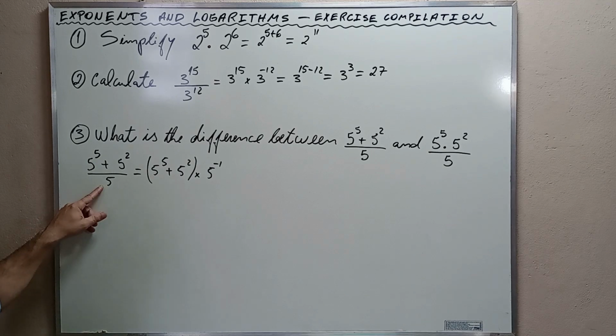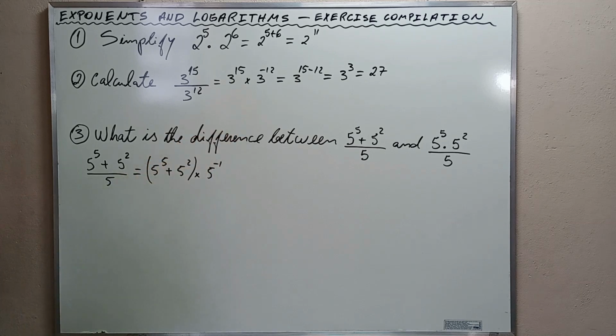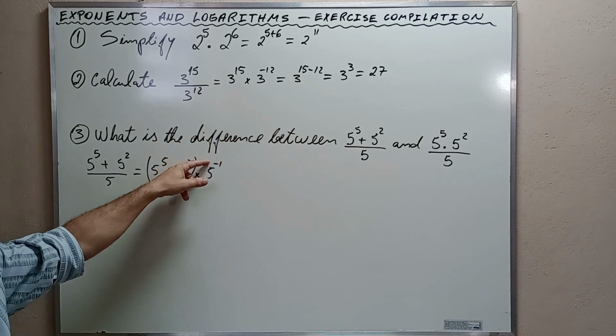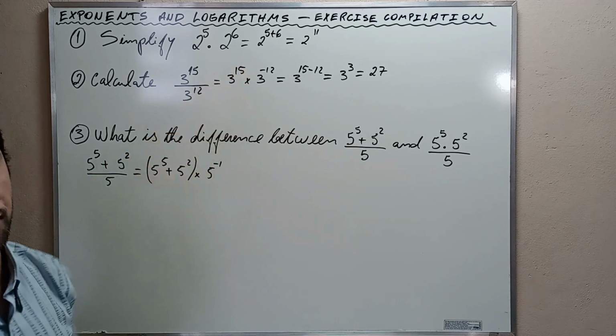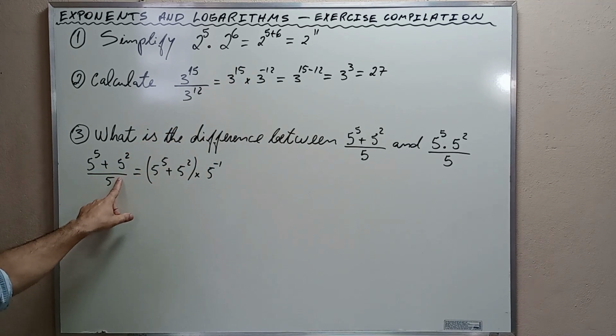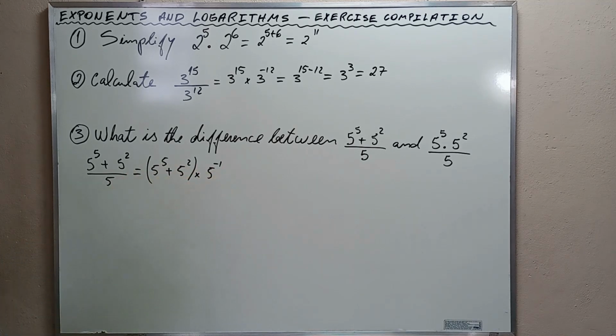We converted from the denominator to the numerator as we did here, and whenever we do this, we invert the sign. Observe that it was 12 here, it became negative 12, and here it is the power of 1, and it became the power of negative 1.